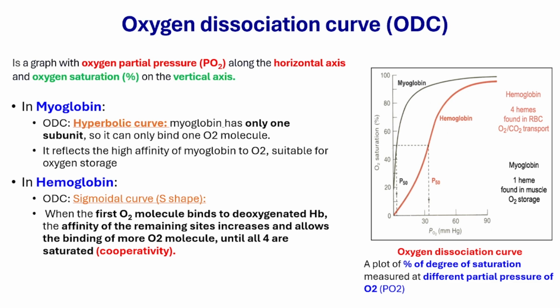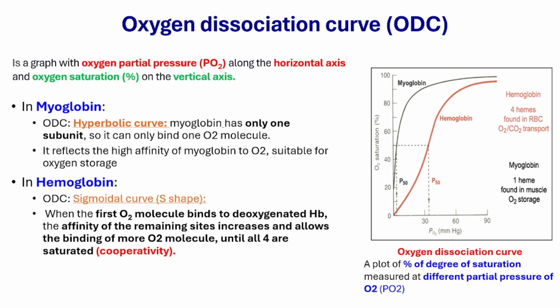From the first one, I'm going to have the binding of my first molecule. Then this molecule, when it binds the first site, will help the other molecules bind the 3 remaining sites. The first one will help the other 3 to bind.